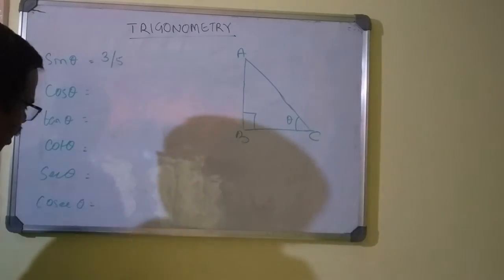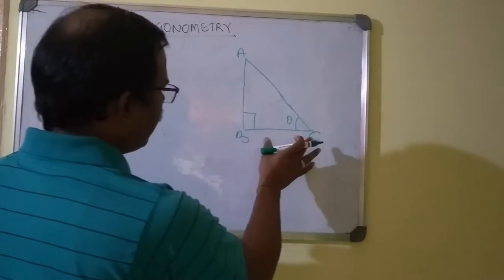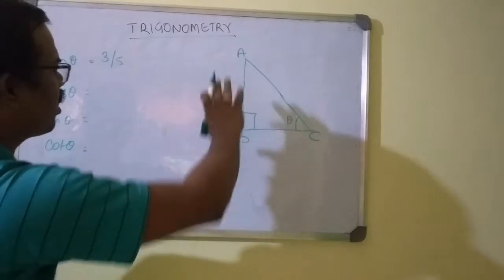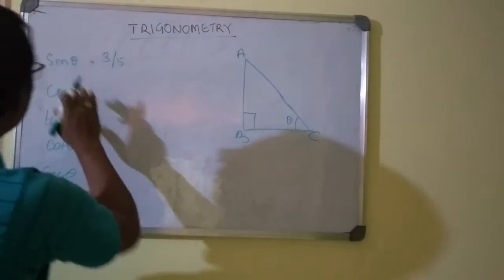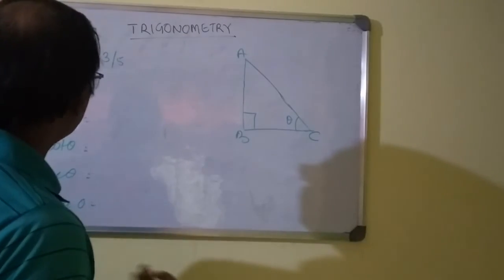So all these you have to figure out, and they will not tell you that the base is this much centimeter, or the perpendicular is this much centimeter. All they will give is one ratio, and you figure out the rest of the 5 ratios.